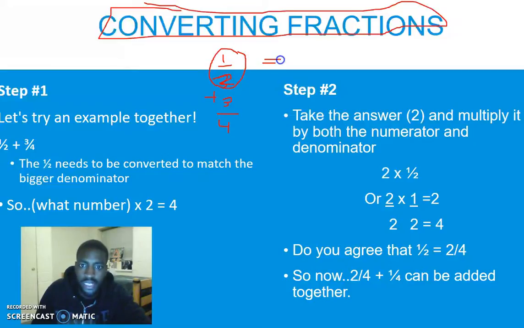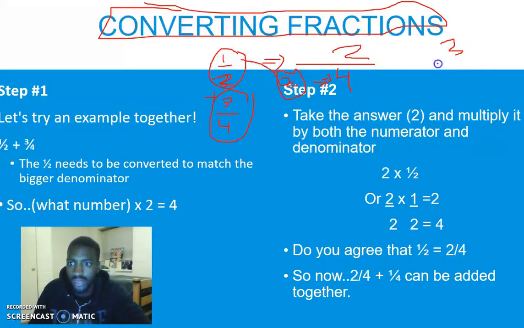Converted means changed to match this one. What number times 2 gives you 4? You can come over here like we did before. It's 2, because 2 times 2 gives you 4, that denominator. So 2 times this equals that. So it's 2/4. Generally you would know that if you're good at breaking down fractions. So you change it to 2/4 plus 3/4.